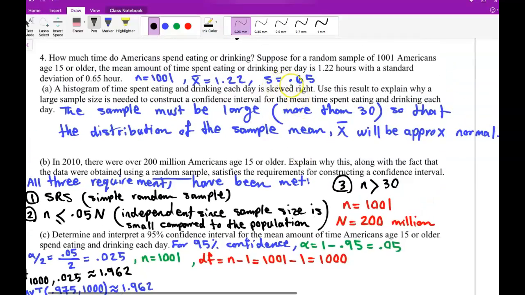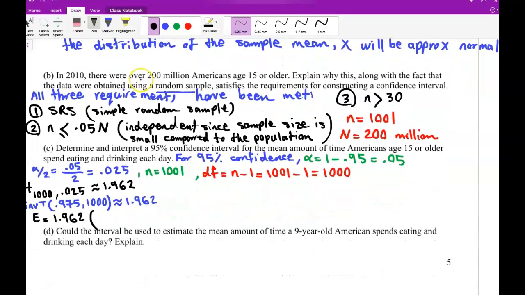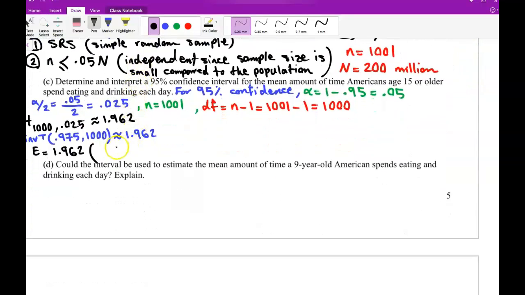From this part, s is 0.65 and n is 1001. That is equal to 0.040.